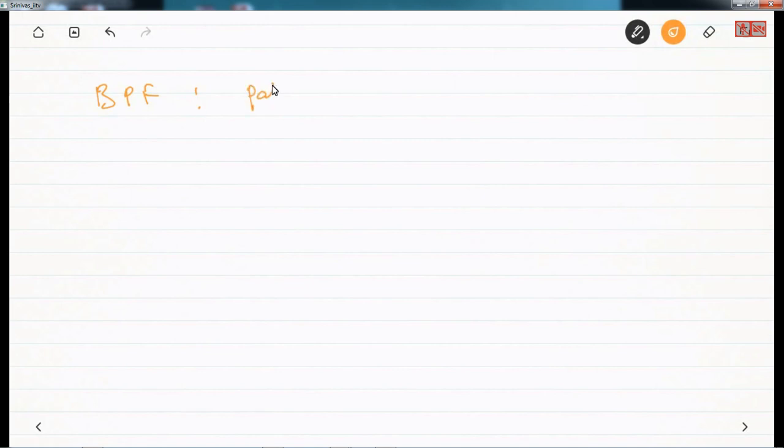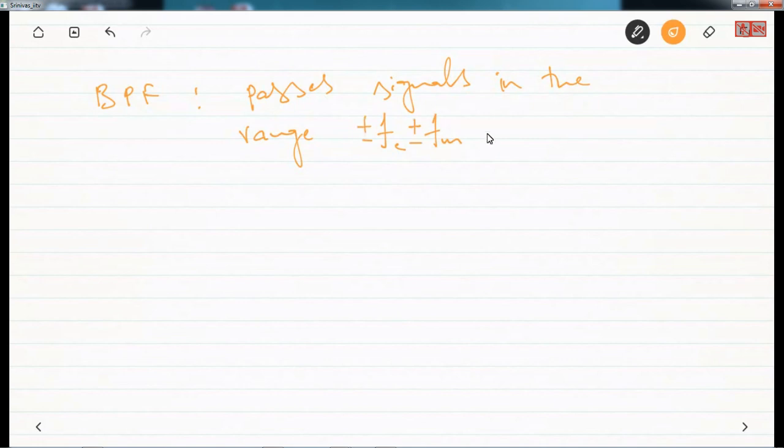passes signals in the range fc minus fm, yeah, plus or minus fc plus or minus fm. That means the band pass filter has this characteristic.